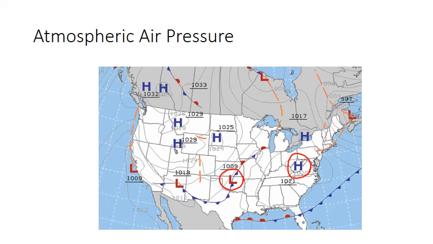In low pressure systems, on the other hand, there are generally fewer particles, so fewer collisions and less force per unit surface area. And air in the atmosphere is generally pushed from areas of high pressure to areas of low pressure, and this creates the wind that ultimately governs our weather systems.